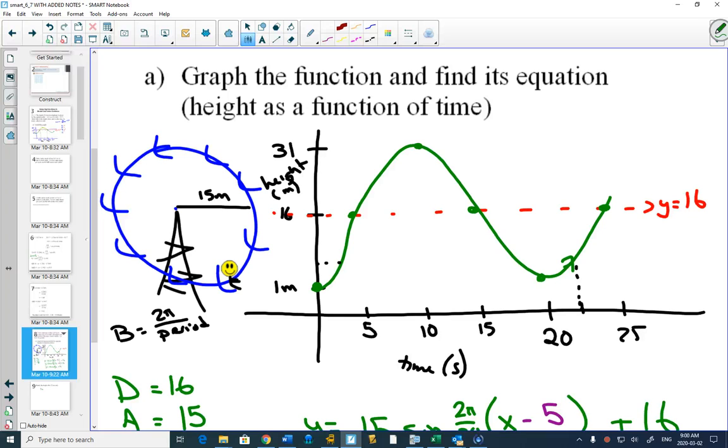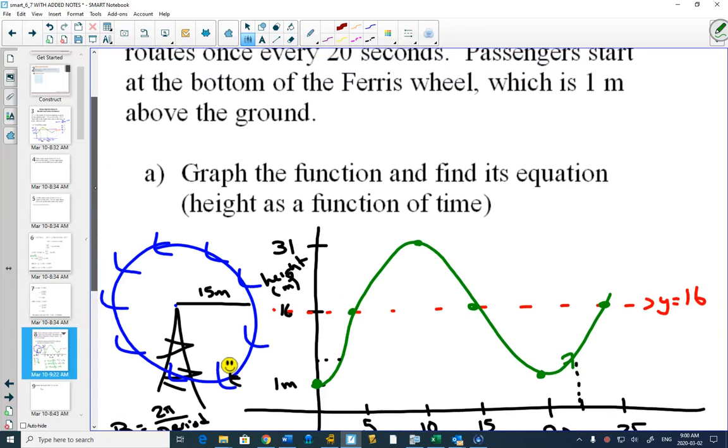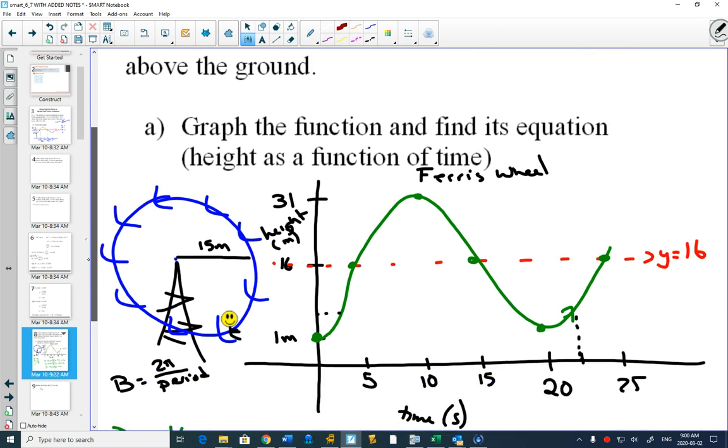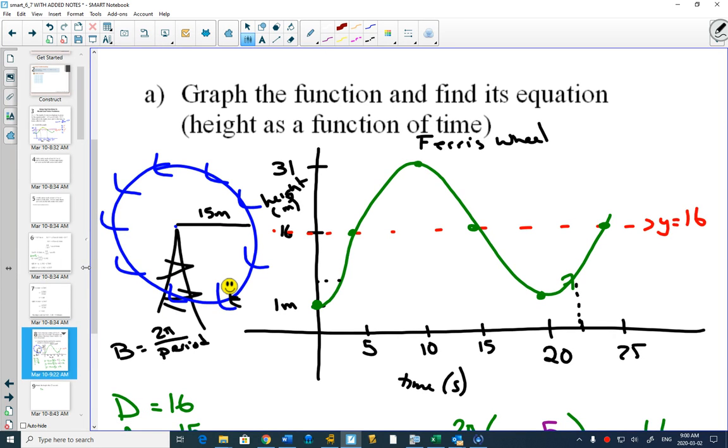Wow. And then in fact, in the IB, they want you to label your x-axis and your y-axis as well. Lots of labeling. So that is a better sketch of the graph.